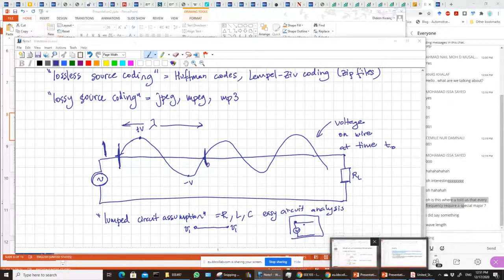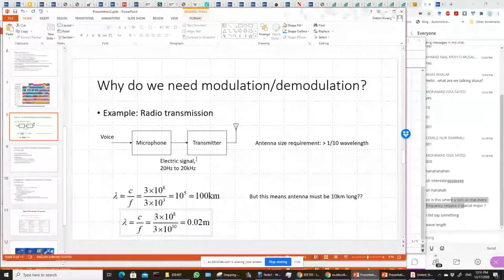But the communication part of this is, when we have an antenna which is a multiple of this 100 kilometers, or 20 centimeters, when we have an antenna which is a multiple of this, or even lambda over 2 or lambda over 4, exactly 1/4 of this wavelength, then you can transmit signal more efficiently.